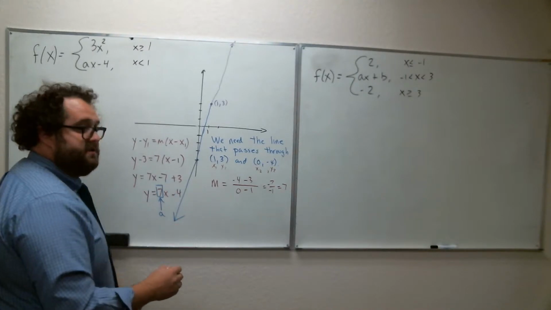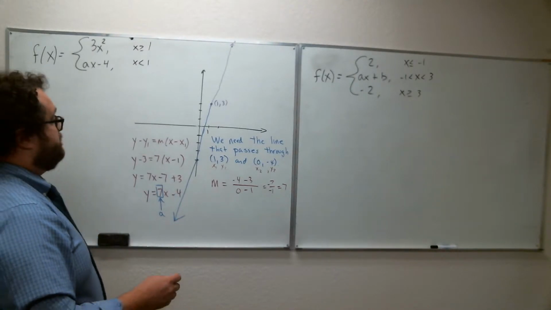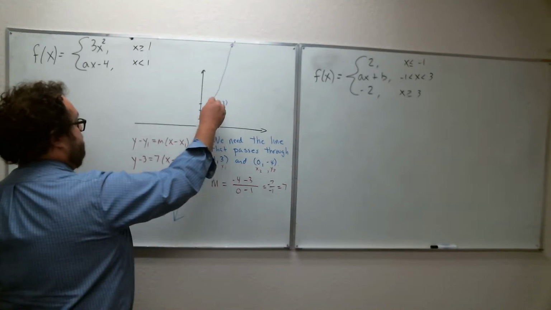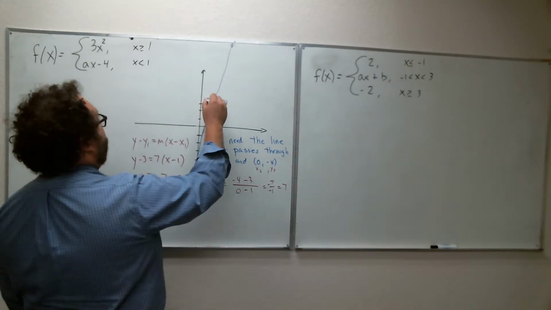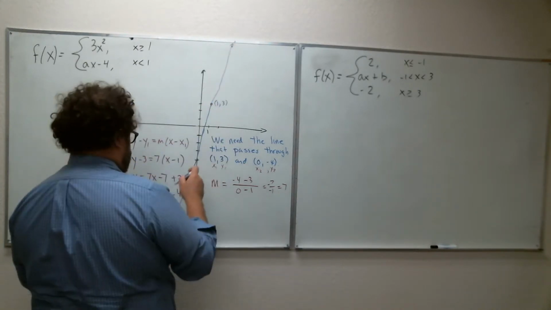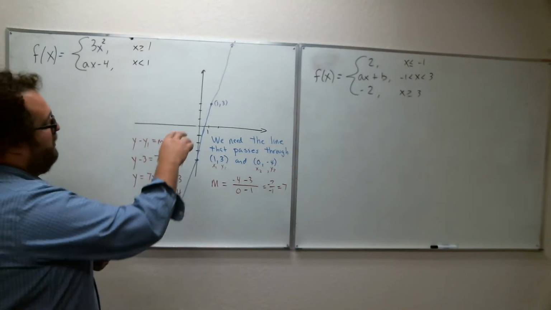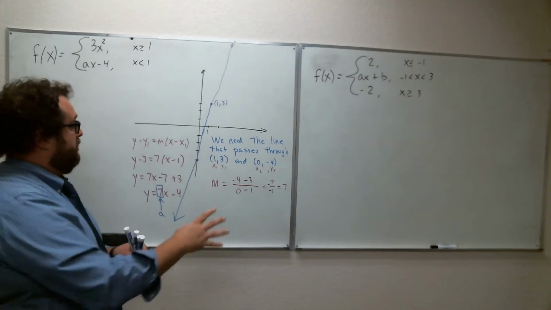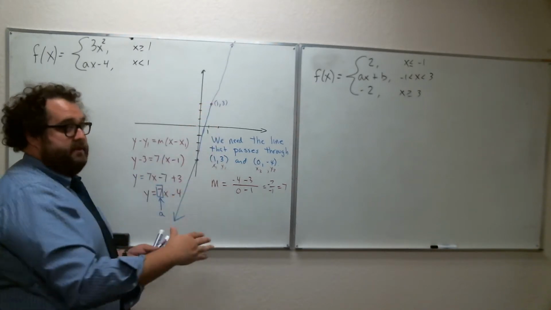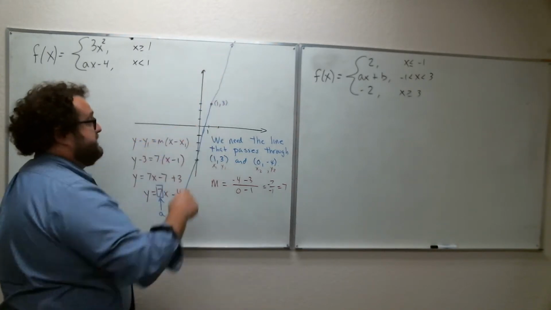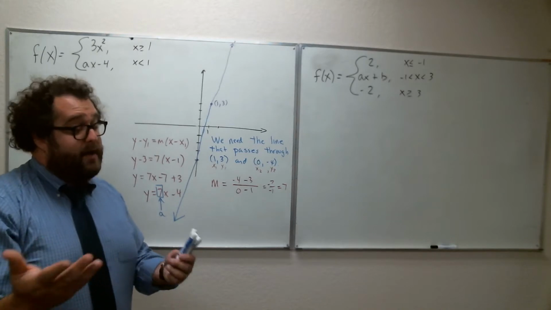Okay, so this is a continuous function now. We have a linear function over here. Then we have this part of a parabola in purple. They connect at the point 1, 3. So we know this blue is continuous, it's a linear function. We know the purple is continuous, it's a quadratic function.